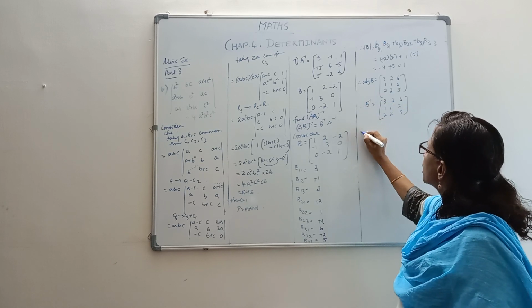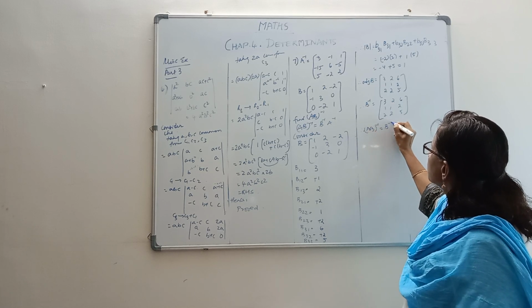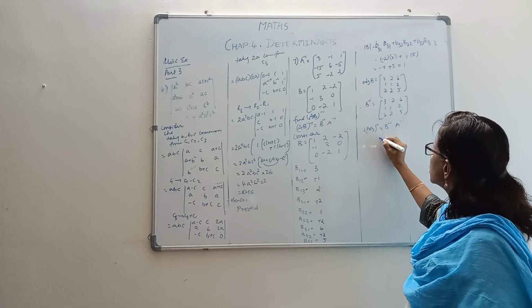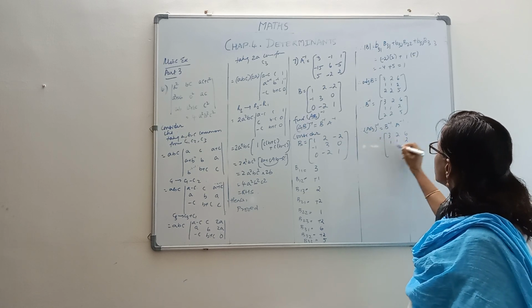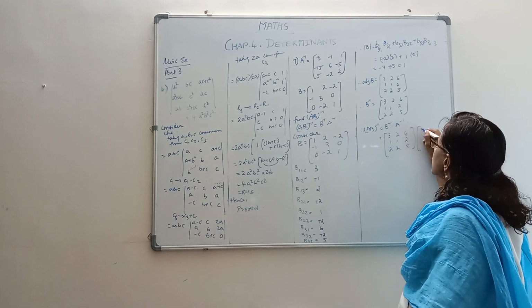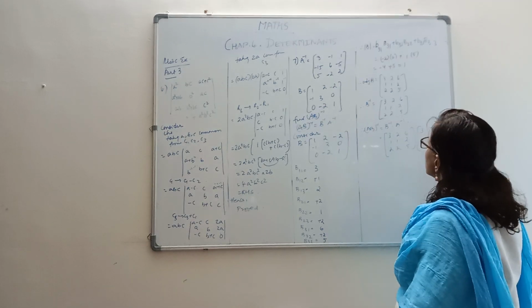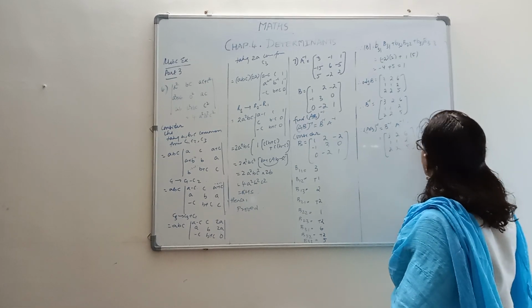Now we can find out AB inverse. They have asked us to find AB inverse, and by formula AB inverse is B inverse into A inverse. B inverse we have found out it is 3, 2, 6, 1, 1, 2, 2, 2, 5. And A inverse, it's given to us 3, minus 1, 1, minus 15, 6, minus 5, 5, minus 2, 2.